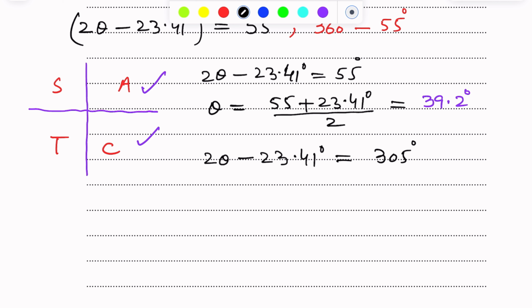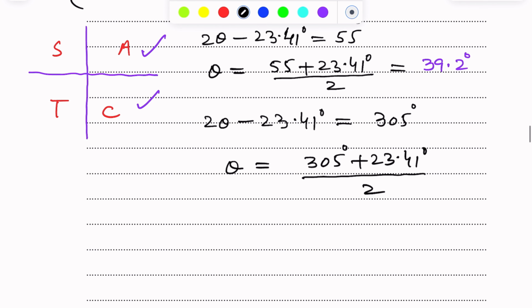From here theta is equal to 305 degrees plus 23.41 degrees, divided by 2. That is, theta is equal to 164.2 degrees. These are two answers.